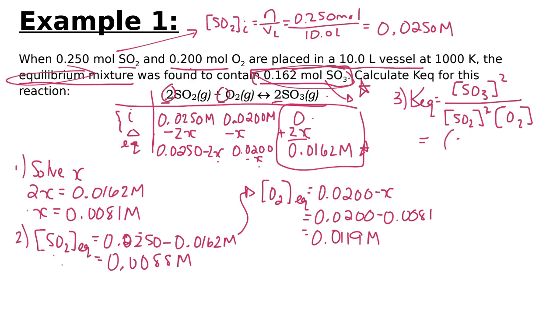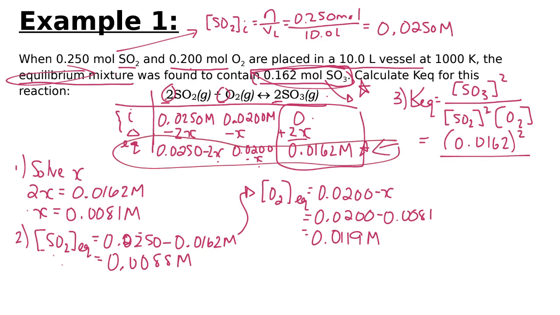So let's sub in our values, 0.0162 squared. And again, everything's coming out of this line right here, okay? SO2, we have to solve for that. So it's 0.0088 squared times oxygen, 0.0119 to the power of 1.